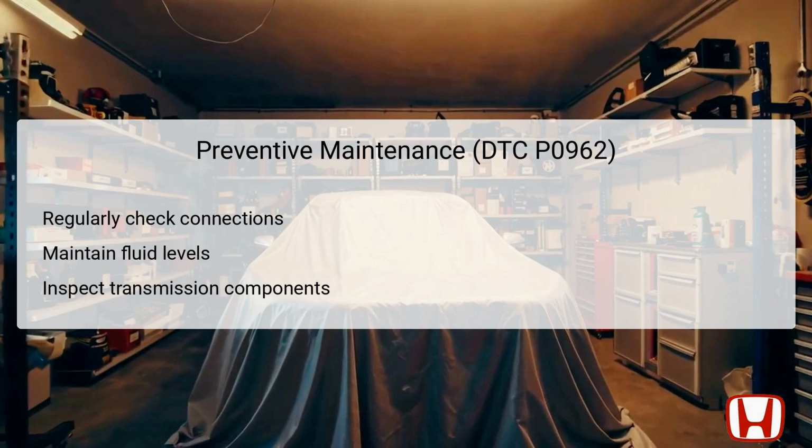Maintaining the correct fluid levels for the transmission is essential for optimal performance, as low or degraded fluid can compromise hydraulic pressure regulation. Additionally, regularly inspecting transmission components for wear and tear can identify potential issues before they escalate into significant problems. Implementing these preventive measures not only enhances vehicle reliability, but also contributes to safer and smoother driving experiences in the long run.